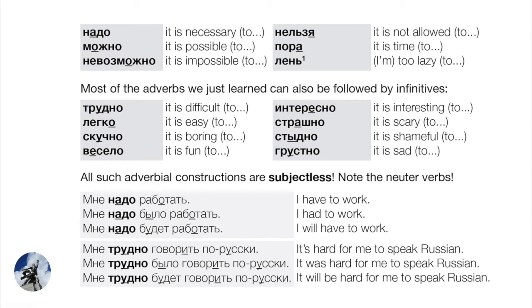Now, a lot of the adverbs we just learned can also be followed by an infinitive. So let me back up actually. Just the way we say in English, it is necessary to do something, or it is possible to do something, I'm not allowed to do something, we use infinitives. It's necessary to work. It's possible to read. I'm not allowed to play, or whatever.